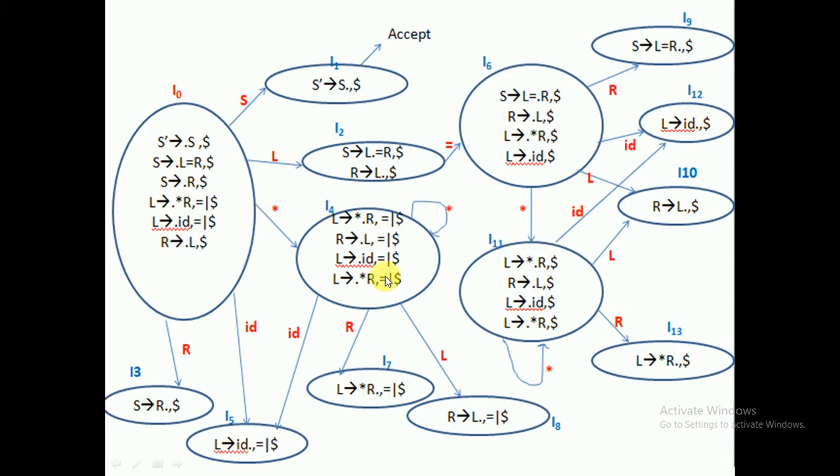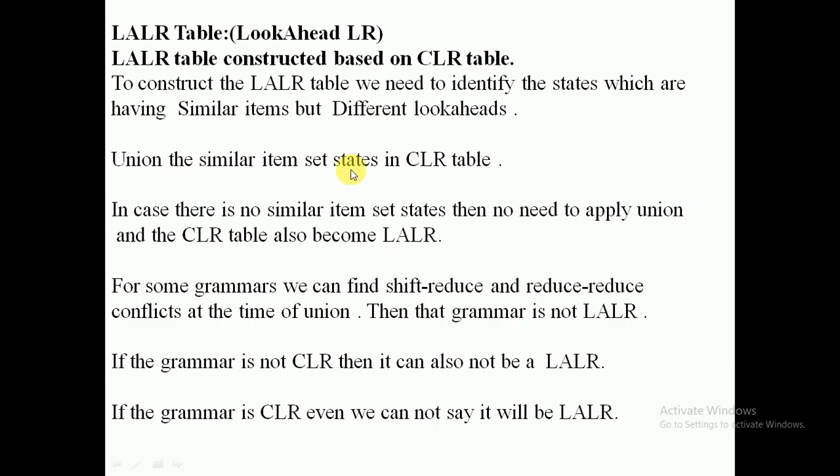We identify such item sets in this canonical form, and after that we apply the union using the CLR table. Let us discuss in the next slide how we apply the union.